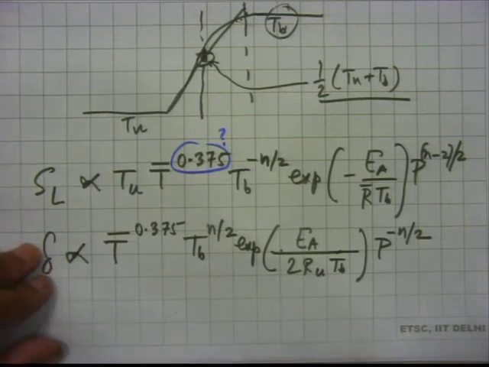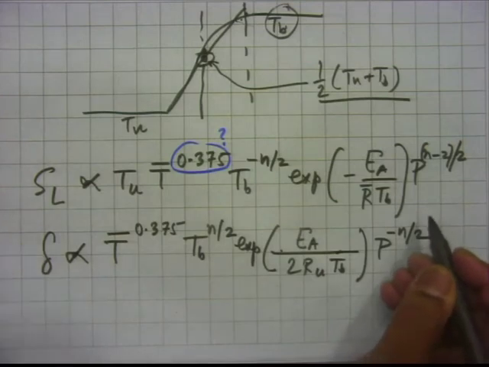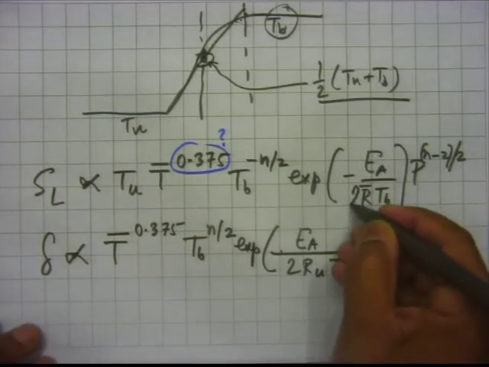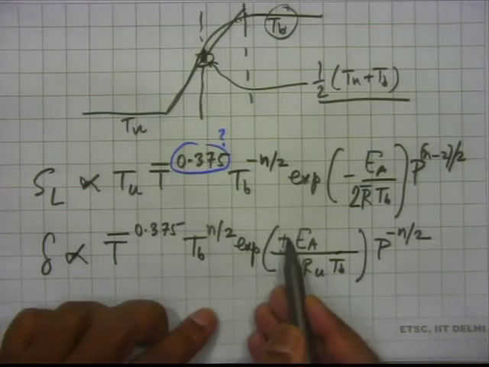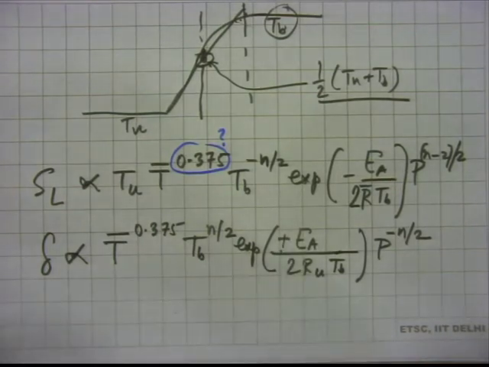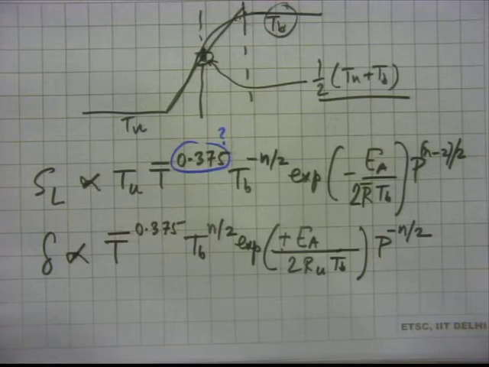In the SL expression, sir, activation energy. Activation energy is okay, that's correct. That is also 2, and you know why this 2 has come? This 2 has come because of the square root. Okay. And the other thing to note is that since delta is proportional to 1 over SL, that's why this has become a positive number. Because this is negative, this is positive. So that's the other thing that one should note.